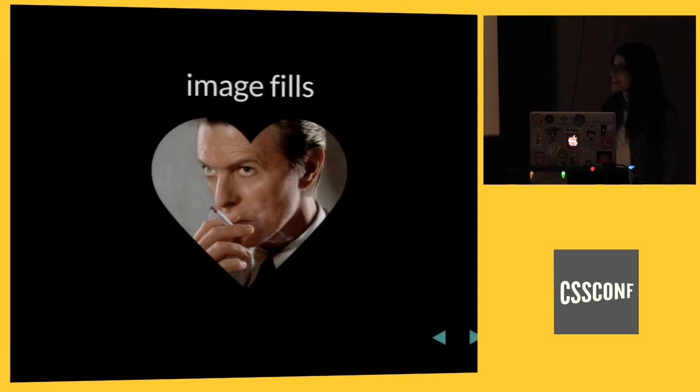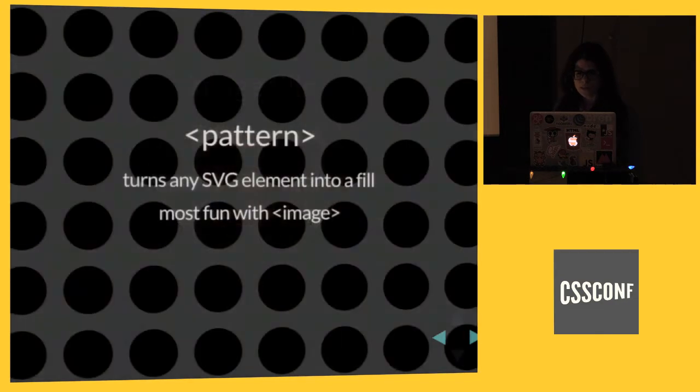Another cool thing you can do in the same vein is fill any shape with an image. How cool is that? Cropping images into weird shapes is kind of painful as far as labor overhead goes, and also it's expensive if you've got an image with transparency on it. This one's a little more complex, but it's going to use a lot of the same things. We're going to learn about a new element here called pattern.